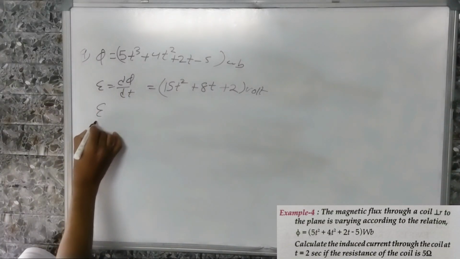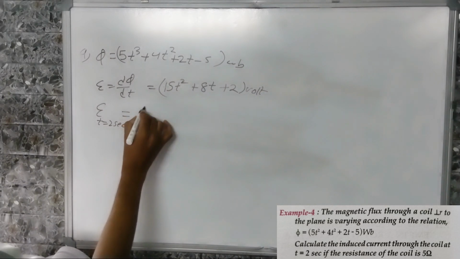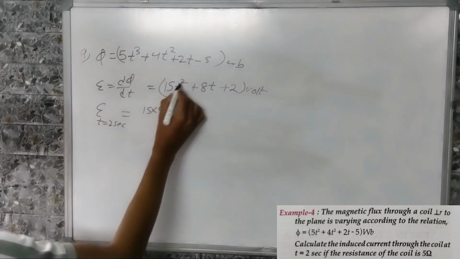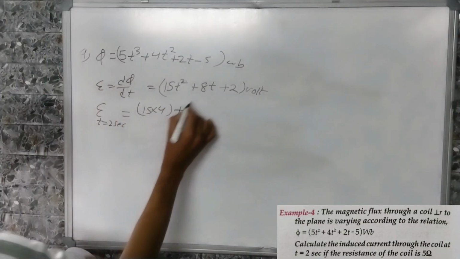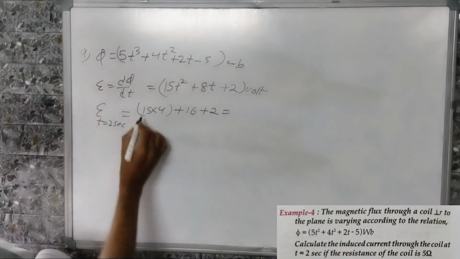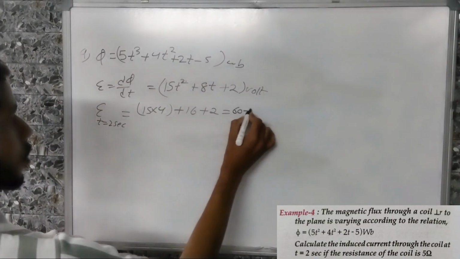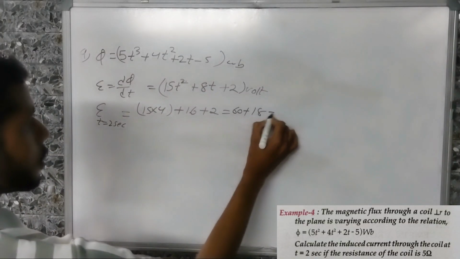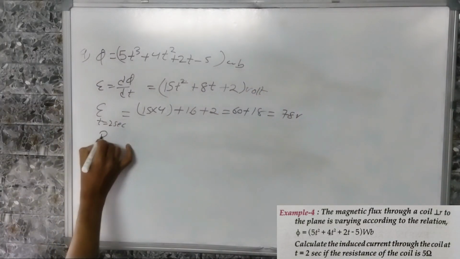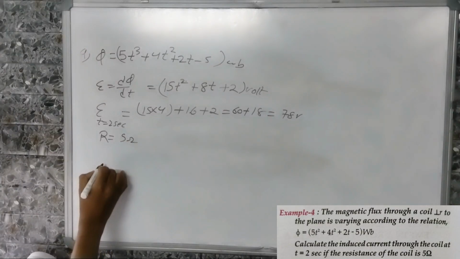EMF at t is equal to 2 second is 15 into 4, 2 का स्क्वायर, plus 8 into 2, 16, plus 2. 15 for the 60 plus 18. So ये हो जाएगा 78 volt and given resistance is 5 ohm.